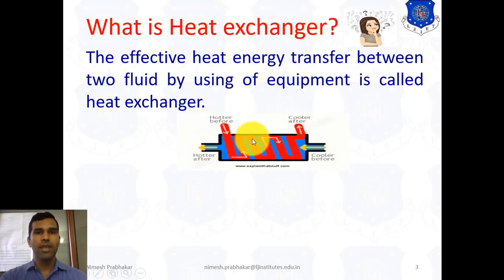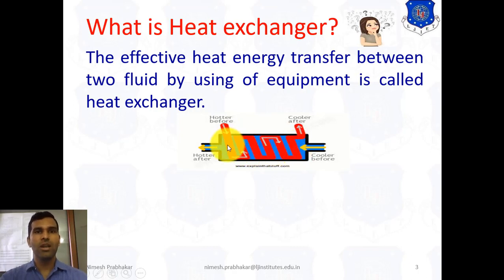To make this cold water hot, we provide inlet hot water from this side, and this hot water turns cold after leaving. That means here the hot water gives heat to the cold water and makes it hot.